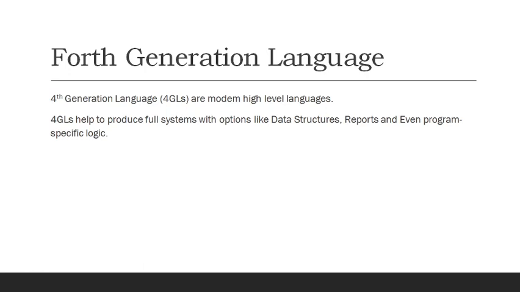If I want to create my biodata, I'll be going to MS Word. If I want to create presentation, I'll go to PowerPoint. If I want to create some salary data structure, I have to go to Excel. Now with the help of fourth generation language, we can create all the three types of program in one program.